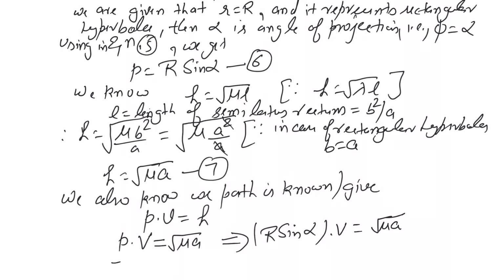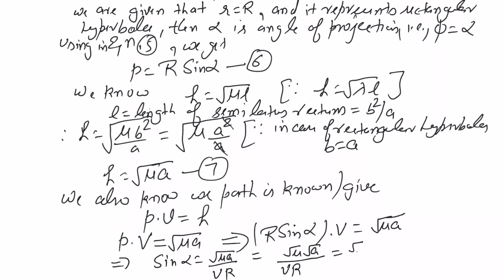This implies that sine alpha is equal to root mu a upon VR. This is further equal to root mu root a upon VR.